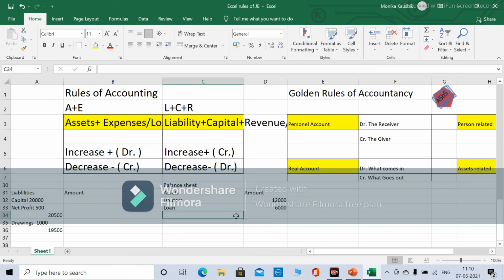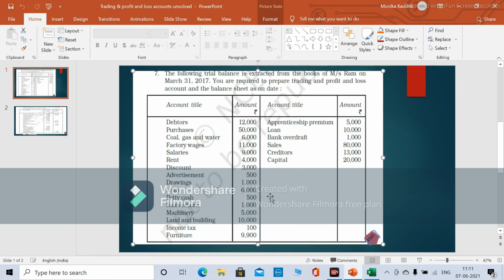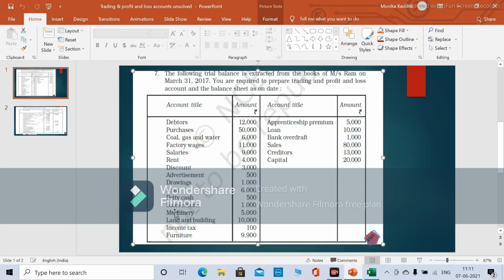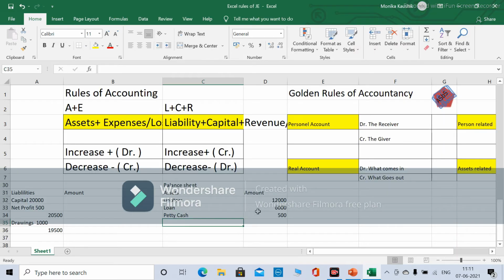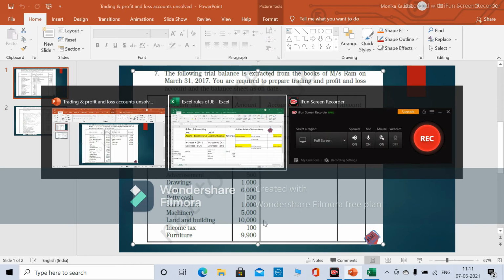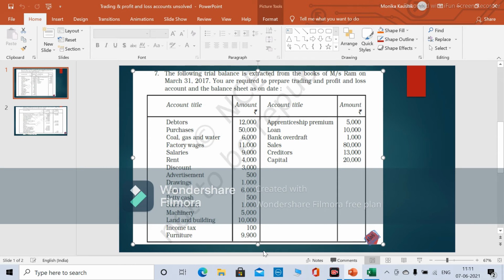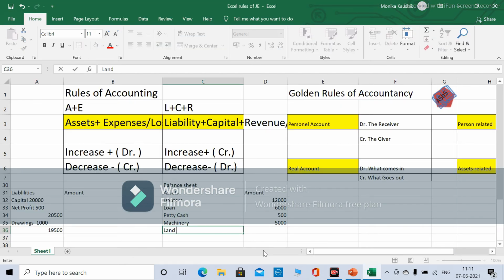Now the petty cash is an asset, 500 rupees. Sales return already done. Machinery is a fixed asset, 5,000 rupees. Land and building, fixed assets, 10,000 rupees.